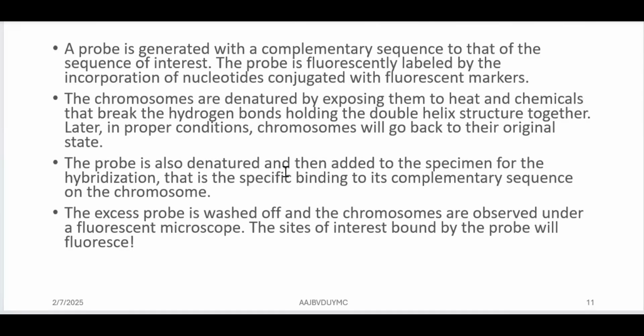Of course, excess probe is to be removed, so washing is another step. Once that probe is added, it will be interacting with the targeted chromosomal region, the particular sequence. Excess probe is washed off, and then that slide is observed under a fluorescence microscope. Right. That is how the steps are.